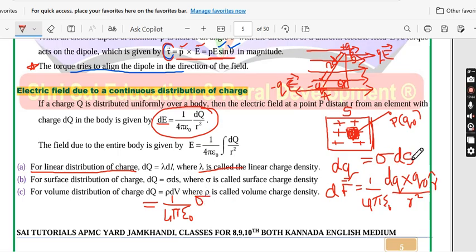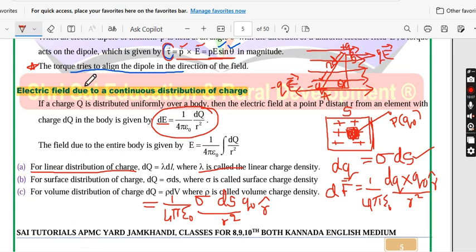What is dq? Sigma into ds. Sigma into ds into q naught divided by r square into r cap. So this is the force acting on that small surface area.